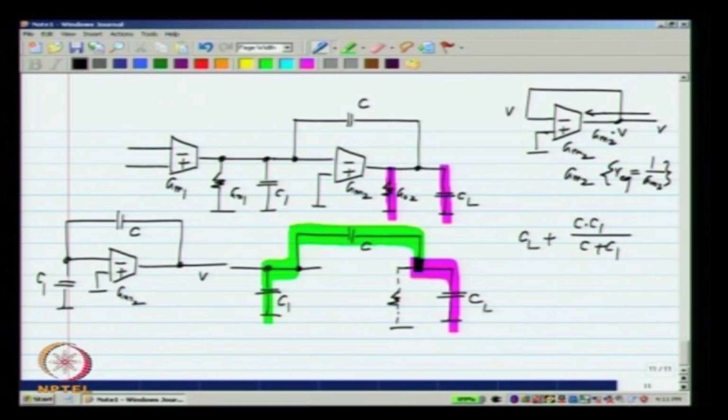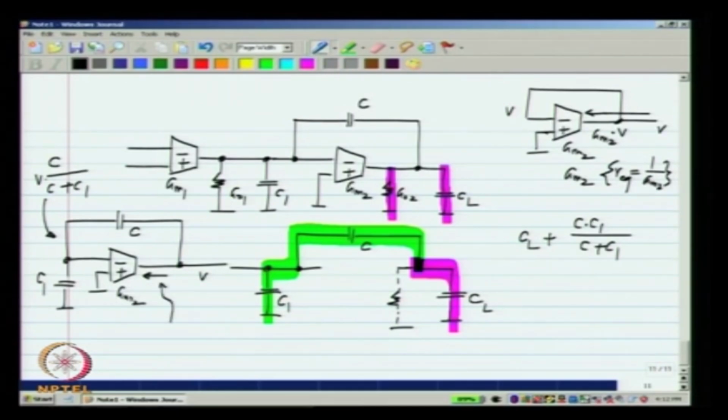If I apply a voltage V, the voltage here will be V times C by C plus C1. It is simply a capacitive division of the voltage V, and the current drawn here will be that voltage times GM2.